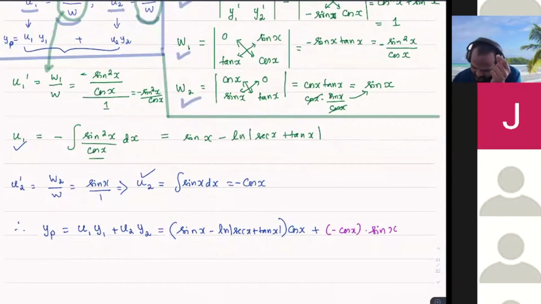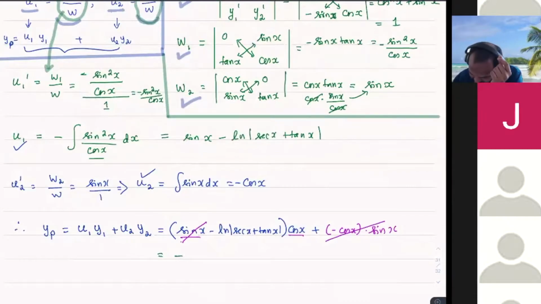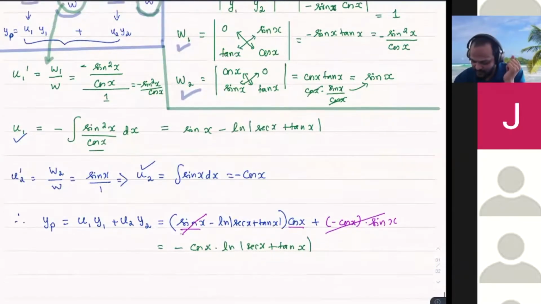And as you see here, this sine x multiplied with the cosine x is a positive, right? So when I multiply these two together, that will get cancelled with this one. So the only thing that I'm going to be left with would be negative cosine x times ln of secant x plus tan x, and that's my yp, and that's how we find the yp for this particular problem.